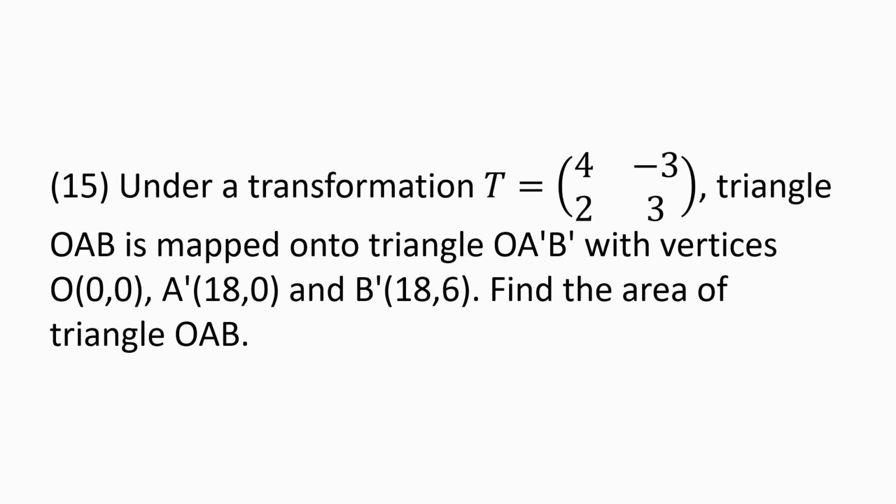So we need to find the area of triangle OAB, and we've been told that it was transformed under a transformation T, which is equal to 4, negative 3, 2, 3, to form a triangle OA prime B prime. So it means that the transformation matrix T times OAB is equal to OA prime B prime.